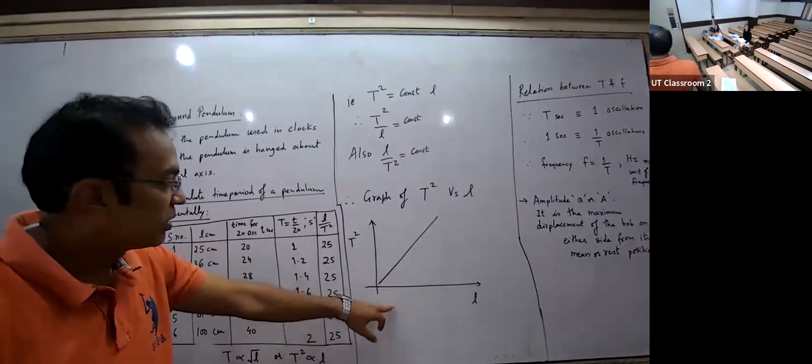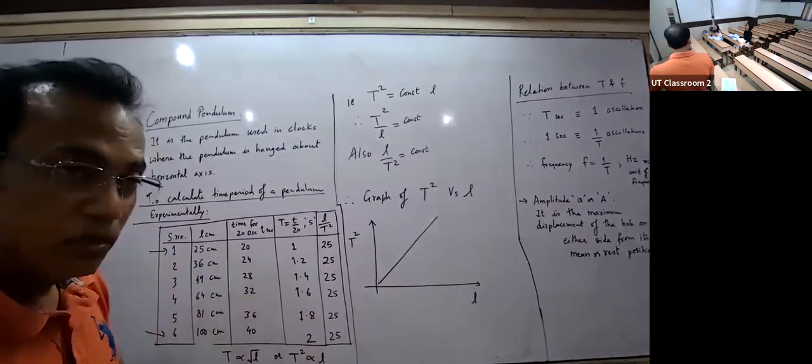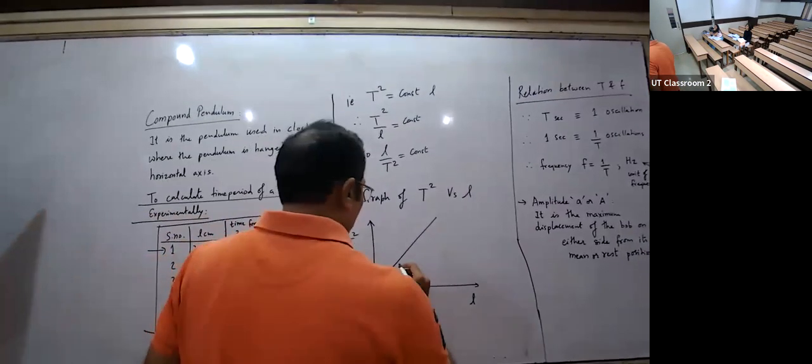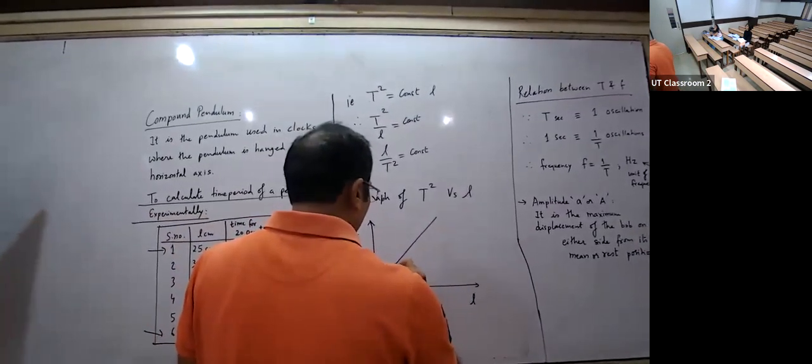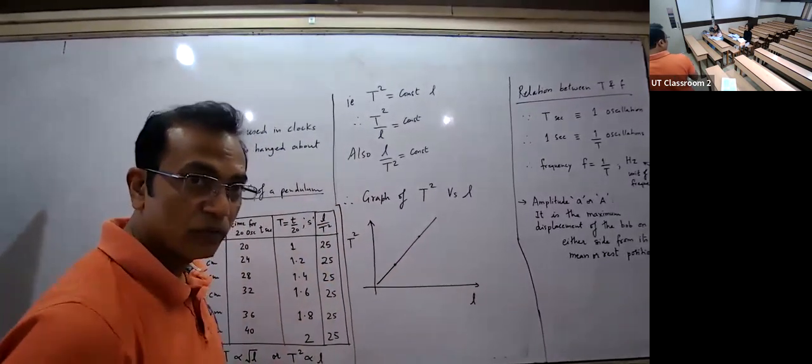But we will plot a graph T square by L. We are doing it for a reason, because what is the slope now? Slope is calculated by taking any two values on the graph. You know how to calculate slope?